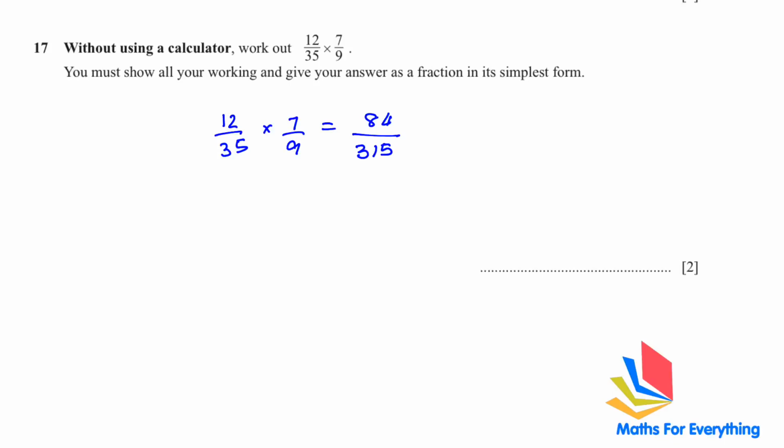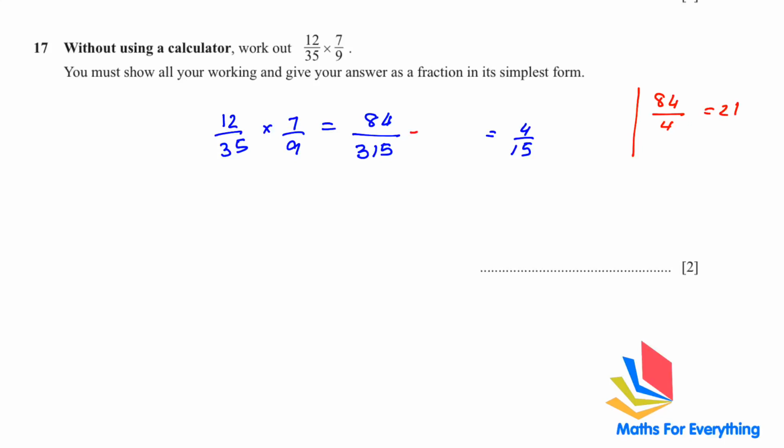Now put this in the calculator and you will get the answer 4 over 15. You see I left an empty space here. We need to know by which number we divided 84 to get 4 and 315 to get 15. So on the side, like in your rough work, use a calculator, divide 84 by 4 and you will get 21.